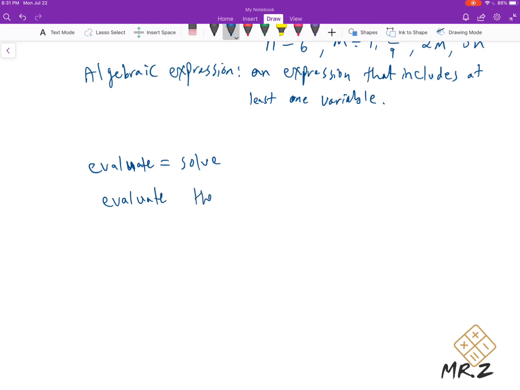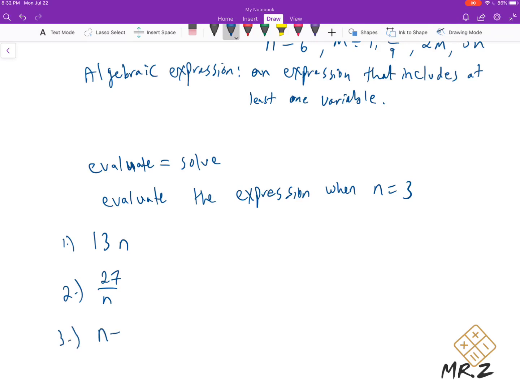Evaluate the expression when n equals 3. So 13n. That's number 1. Number 2, 27 over n. Number 3, n minus 2.